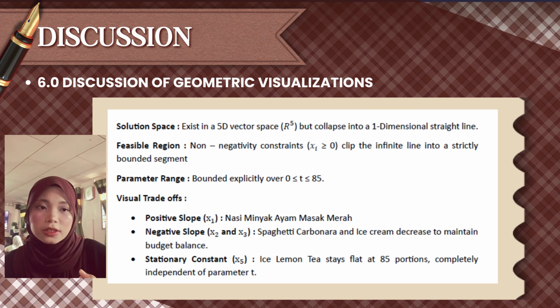Nasi minyak ayam masak merah slopes up, while spaghetti carbonara and ice cream slope downward to preserve our budget equilibrium. Meanwhile, the drink variable x5 is a stationary constant function, perfectly parallel to the parameter axis, meaning it's still locked at 85 portions no matter what.